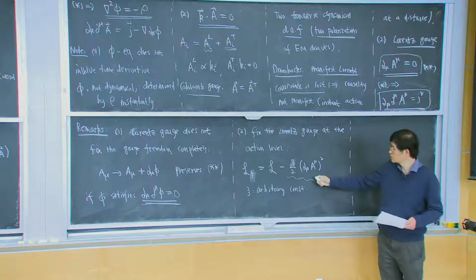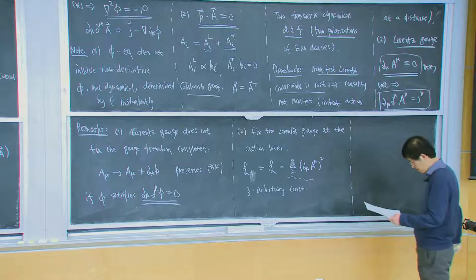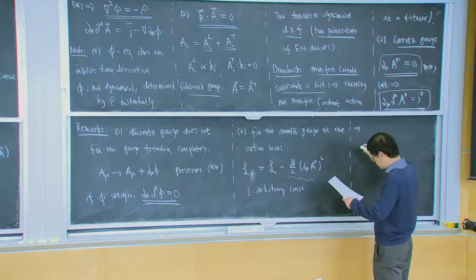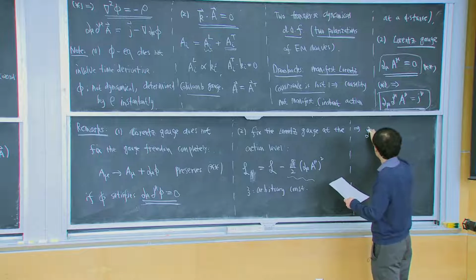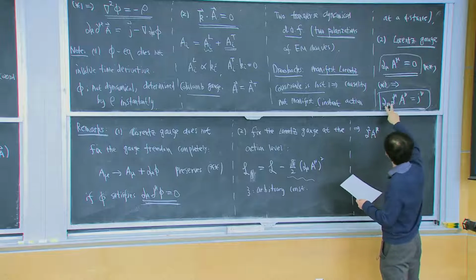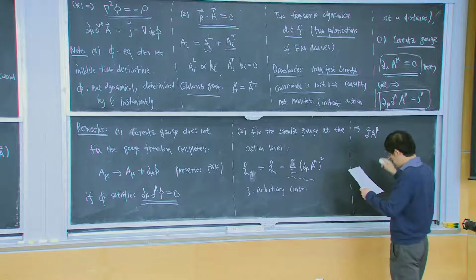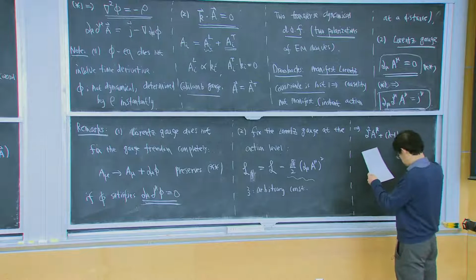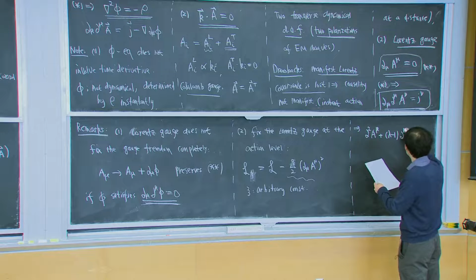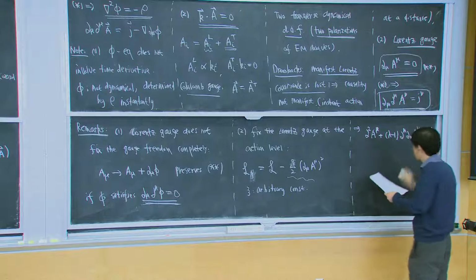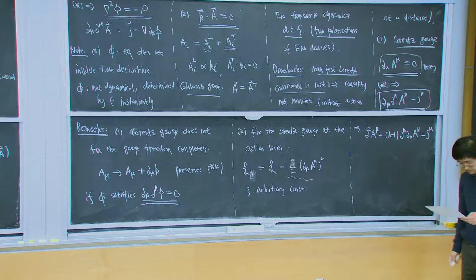Looking at the equation of motion, you find it is given by the following form: partial square A mu, where partial square just means partial mu partial mu, and then you have psi minus 1 times partial mu partial nu A nu, equal to J mu.